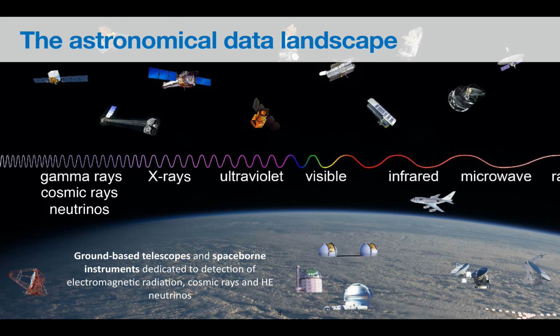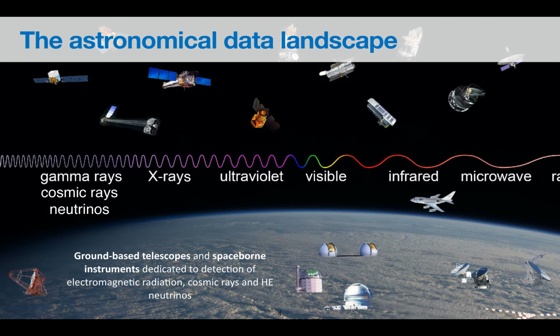On the other hand, we are living in a wealth of data from astronomy and astrophysics brought from space and from the ground at different wavelengths and with different messengers. So we have telescopes capturing gamma ray radiation up to very high energies and arrays of interferometers giving us the image of the sky in radio wavelengths.